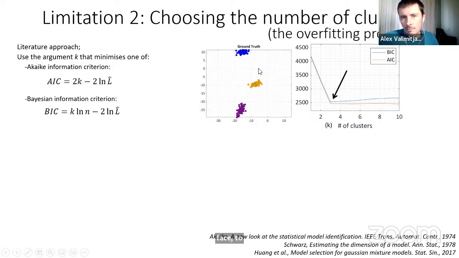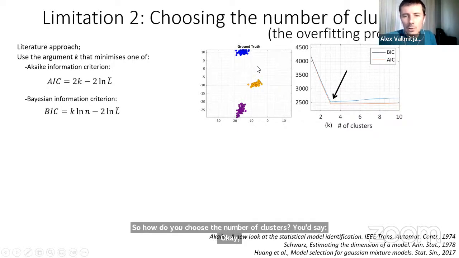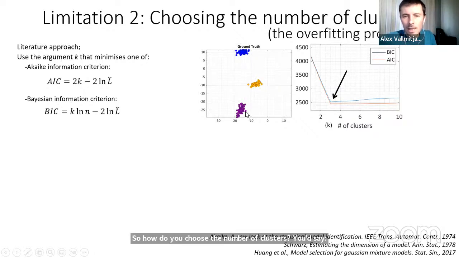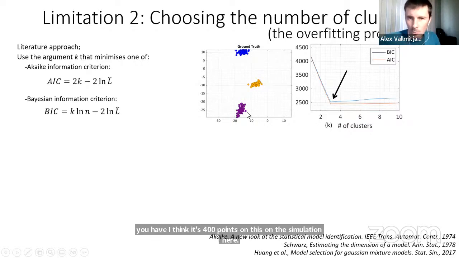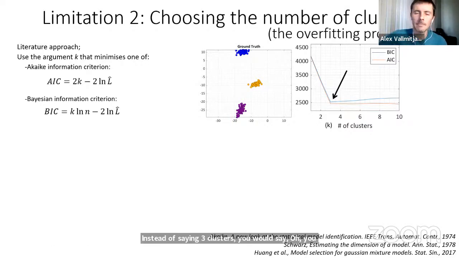You'd say, okay, clearly you have three groups here, but I could also argue that if you put a tiny Gaussian on top of each of the points on your data, that would be the perfect fit. So you have, I think, 400 points on this simulation here. Instead of saying 3 clusters, you would say the perfect model is 400 clusters.